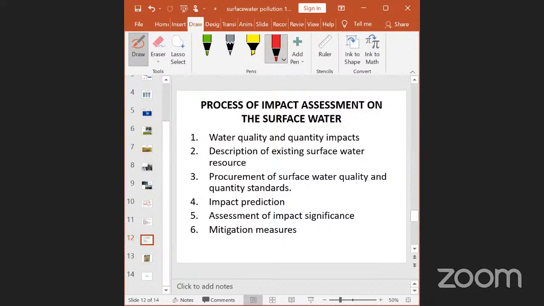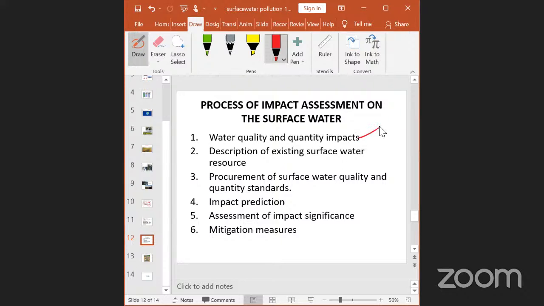The next topic is the process of impact assessment on the surface water body. So what is the process of EIA of surface water? We have steps here.